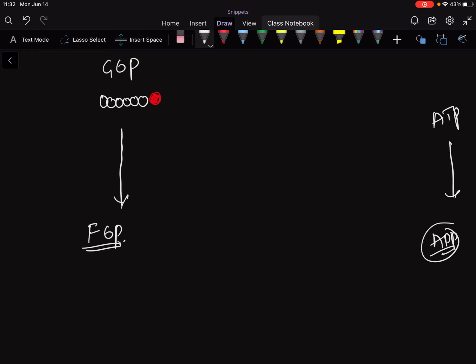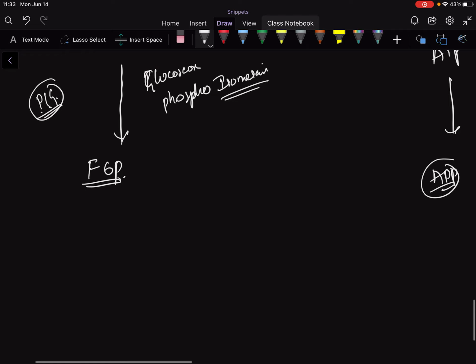Normally glucose is converted into fructose in this step by the enzyme phosphoglucose isomerase. Isomerase does some kind of hydroxylations here and there, and converts the glucose into fructose. I remember this enzyme as PIG, which stands for phosphoglucose isomerase. This step is not very important. It's your wish to remember it or not.